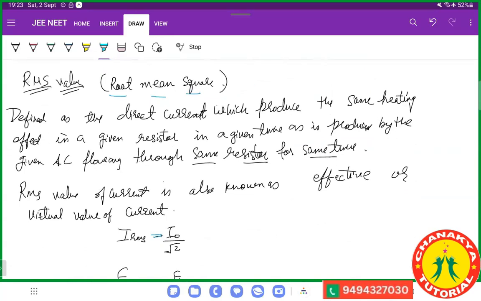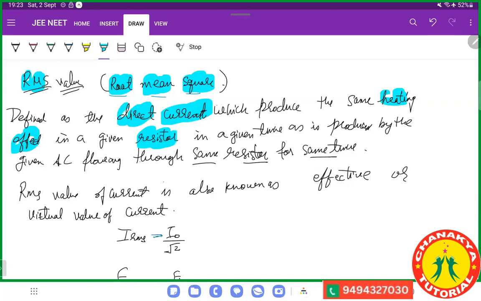RMS value or root mean square value. So in this one, direct current which produces the same heating effect in the given resistor in a given time as produced by the AC flowing.